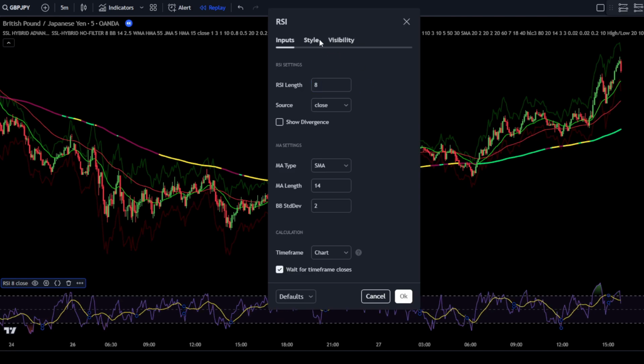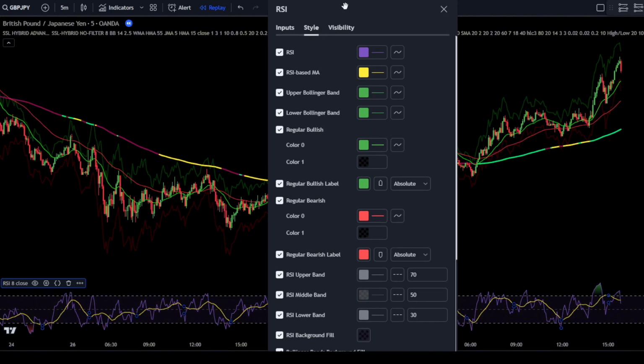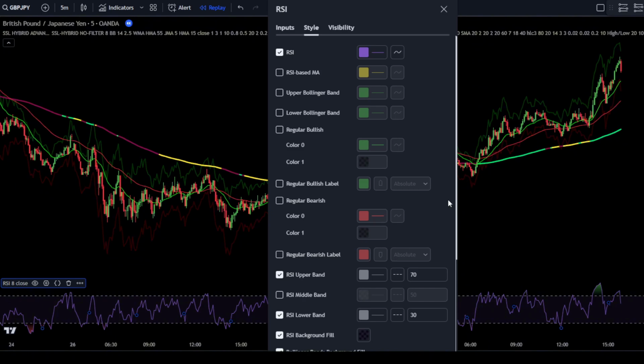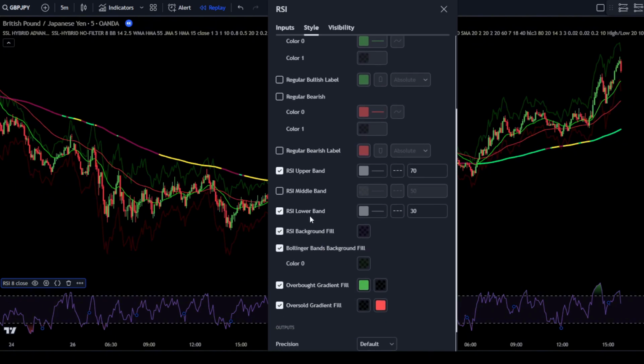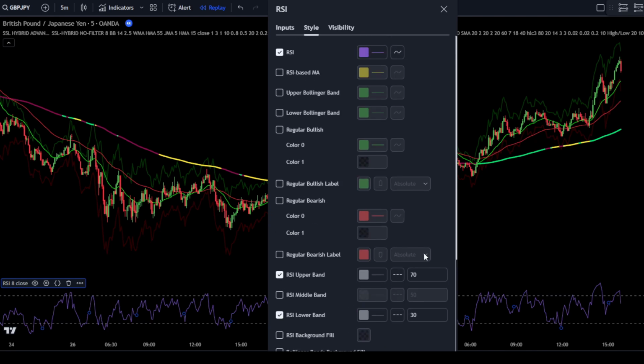Then, go to the Style tab. In the Style tab, uncheck all the boxes except for RSI, RSI middle band, and RSI lower band. After that, change the RSI upper band level to 60.